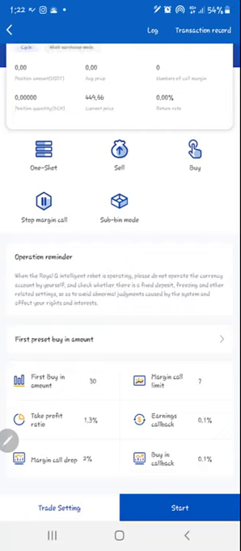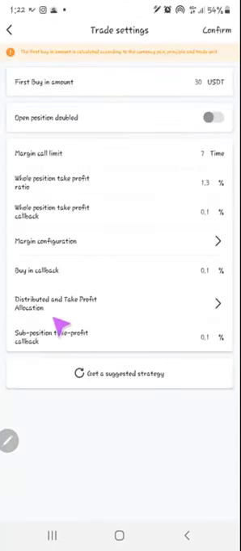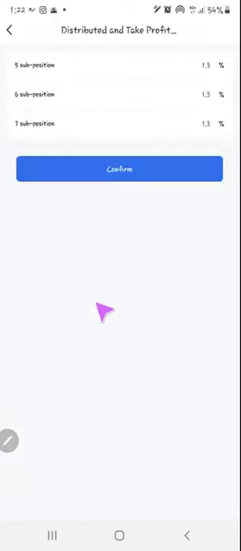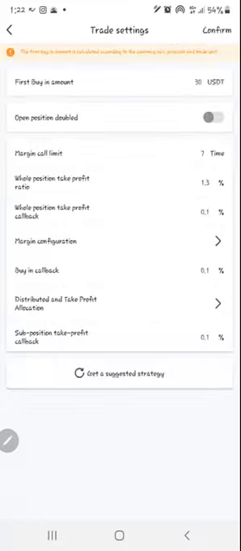The next thing you must do after clicking on confirm is to activate your sub B mode. The function of this sub B mode is to activate this section of distributed take profit allocation for dips. If you do not activate your sub B mode, this is what is going to happen.